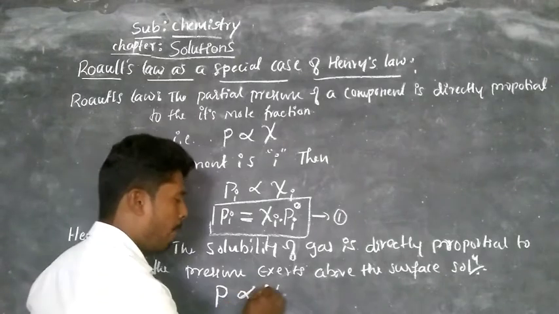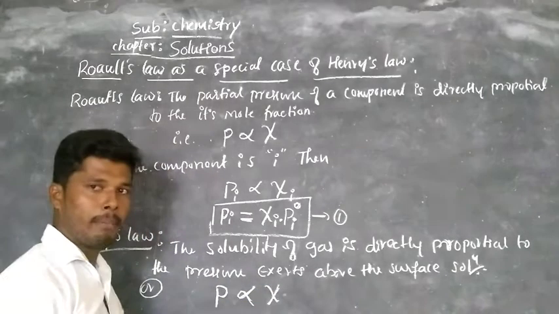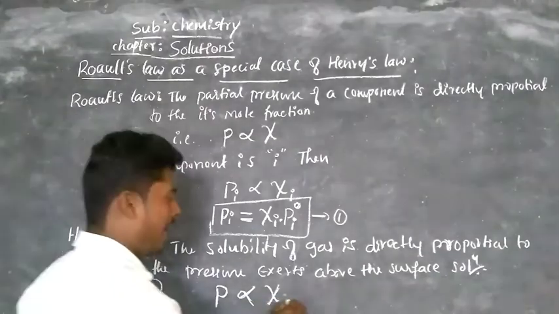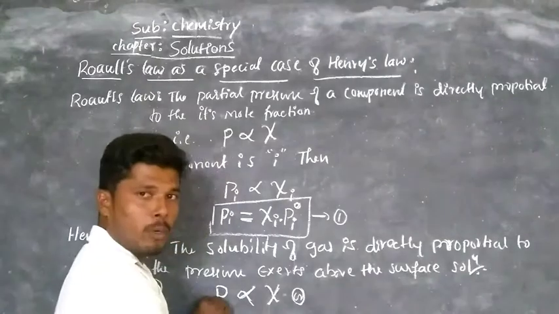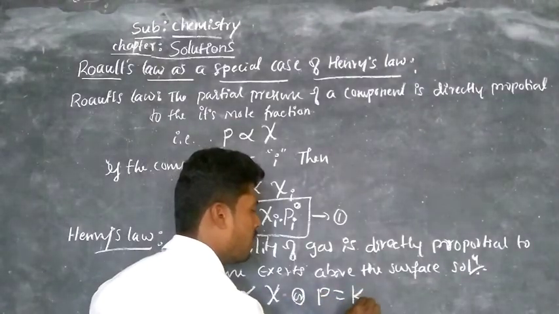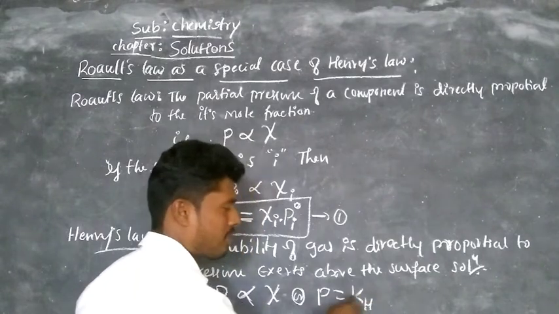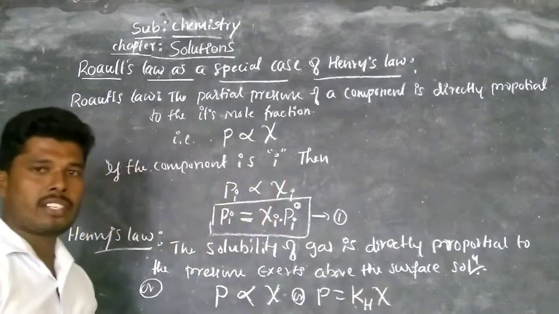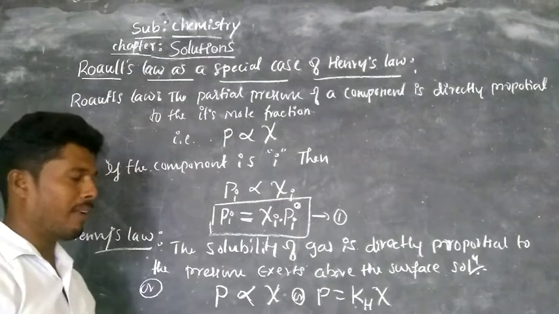The partial pressure of a component is directly proportional to the mole fraction of that component, and this can also be written by introducing a proportionality constant: P is equal to Henry's constant Kh into the mole fraction chi.